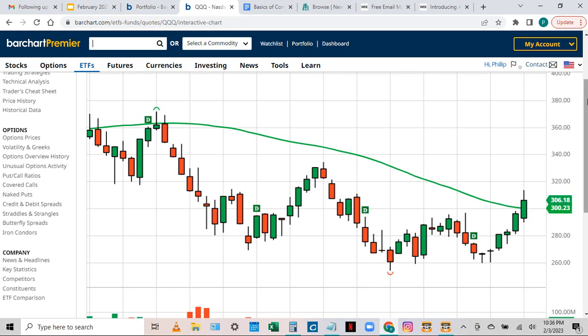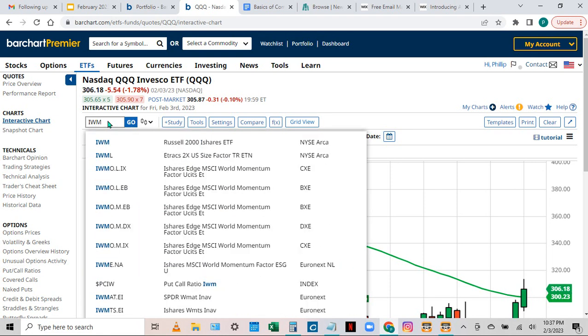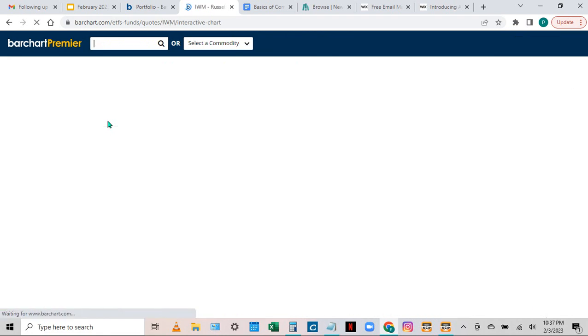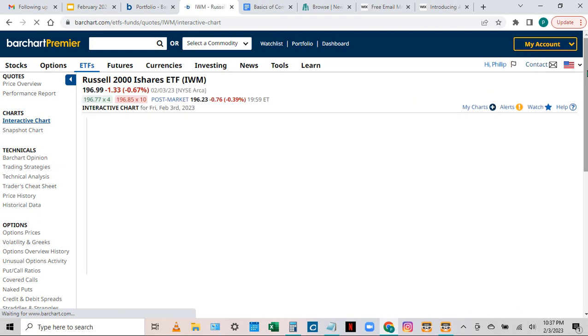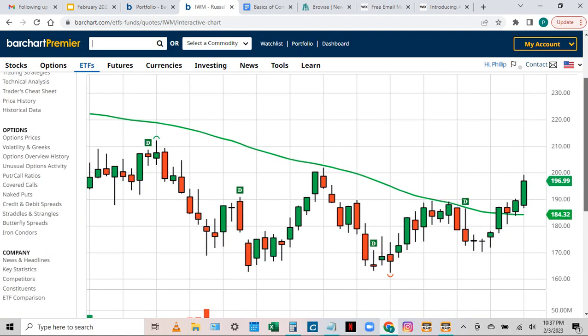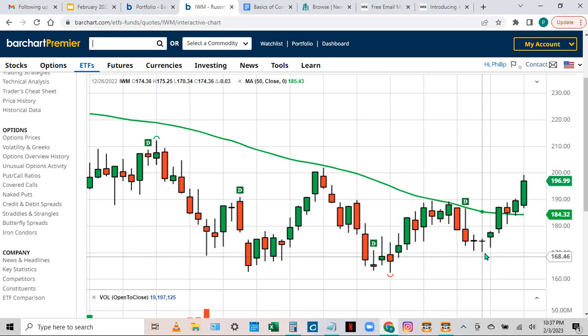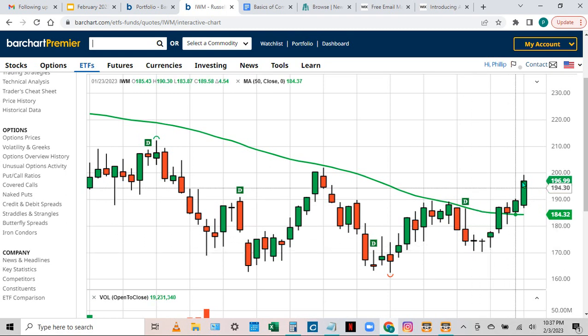So let's go to a few more. These are my top 5, okay? The Diamonds, Qs, SPY. Then we've got this ETF which tracks the Russell 2000, a more broad-based index of 2,000 stocks, symbol IWM. Again, this one has actually been stronger than the others, really strong since January and into the first week of February.